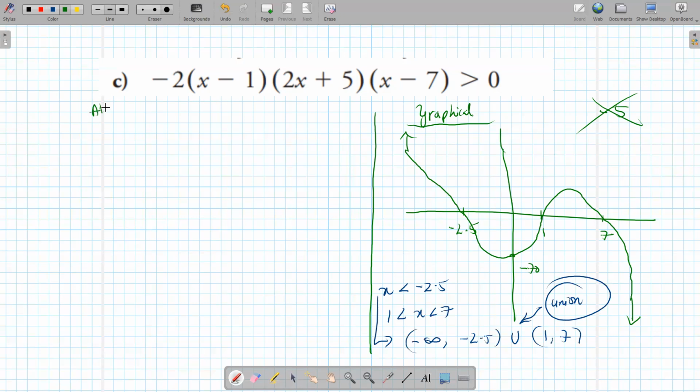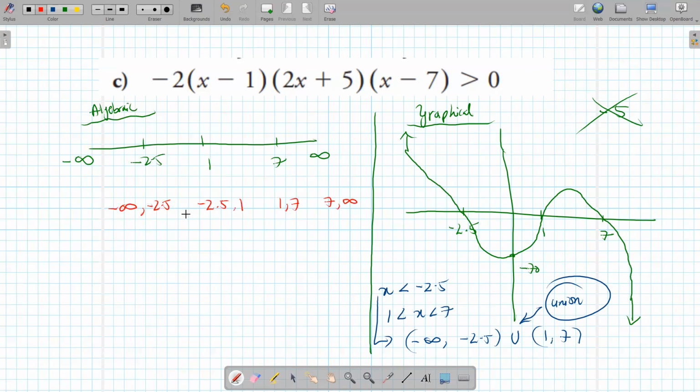The other way to do this is the algebraic way, for which we need to find the intervals. To find the intervals, we plot a number line and plot our x-intercepts. So our intervals are negative infinity to negative 2.5, negative 2.5 to 1, 1 to 7, and 7 to positive infinity.